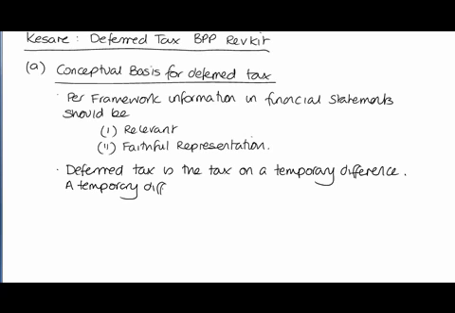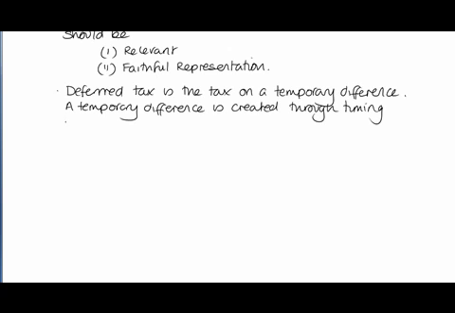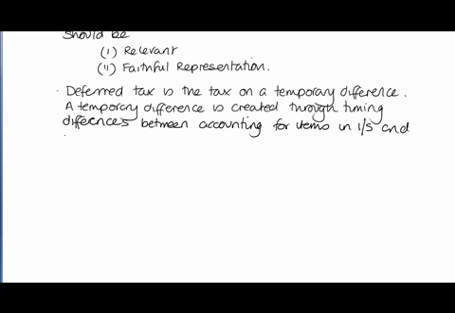A temporary difference is created through timing differences between accounting for items in the income statement and the tax computation.